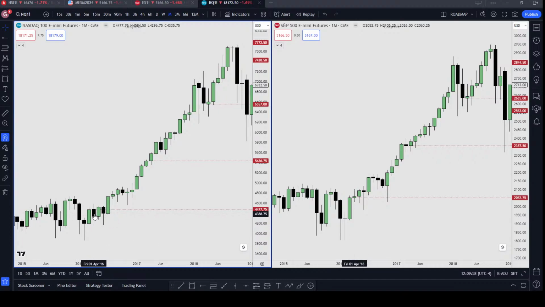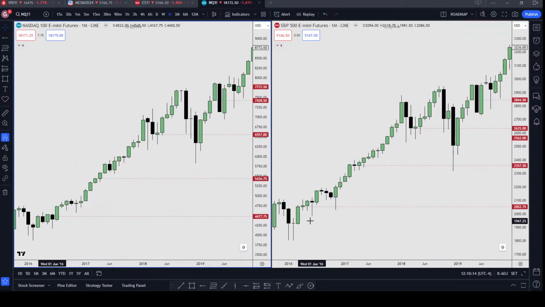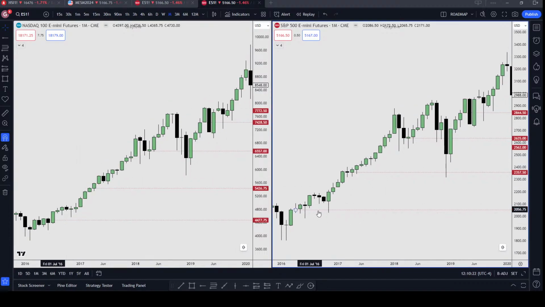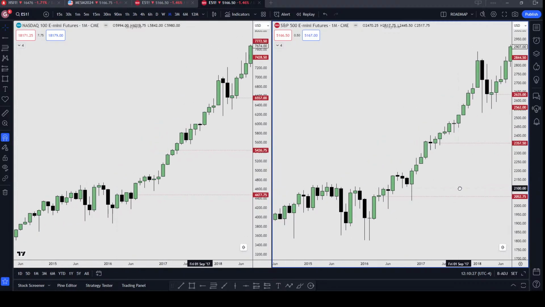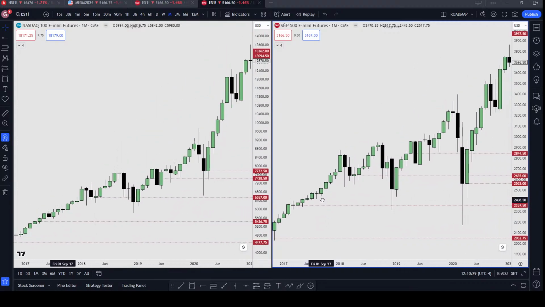So for this particular year, including the month of April, 1, 2, 3, 4 months, and then rally. Same here, 1, 2, 3, 4, comes back down the last few months and then rally. The time spent down here below April's open is very little.